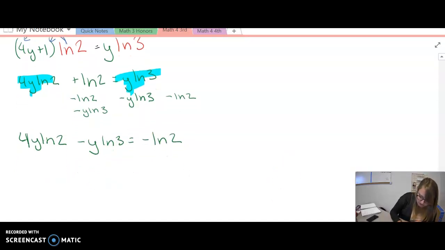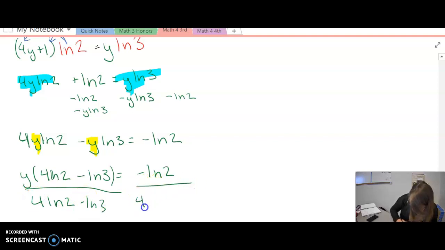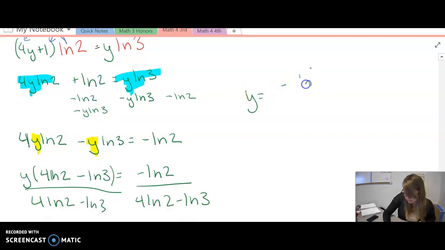I'm going to factor out this y. So then I have y times 4 natural log of 2 minus natural log of 3 equals negative natural log of 2. And then I'm going to divide by this mess. And then we will get that y equals negative natural log of 2 all over 4 natural log of 2 minus natural log of 3.